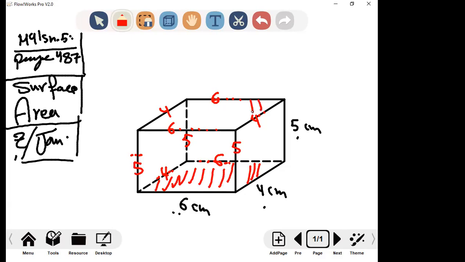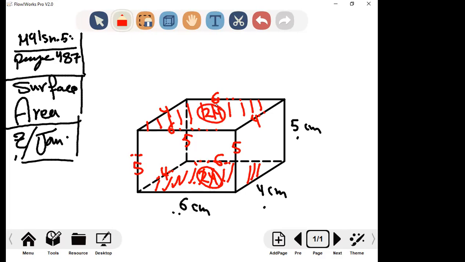Look at the roof up. What's the length and what's the width? So I have the same up and down, the same area. What's the area of the base? 6 times 4, length by width, 24. So this is 24 and this is 24.